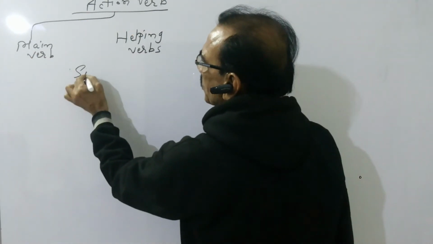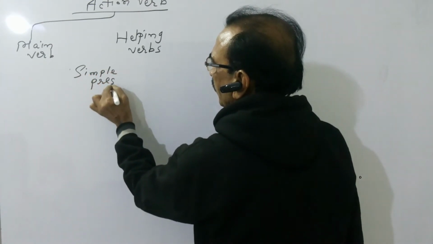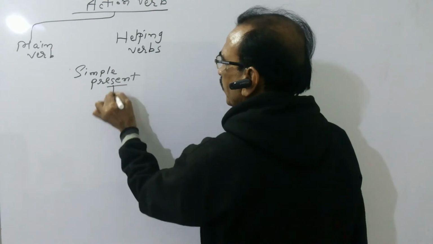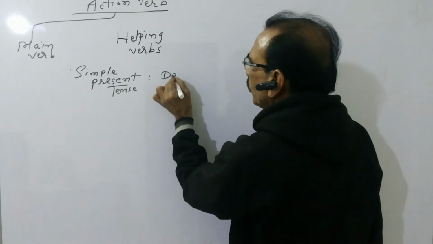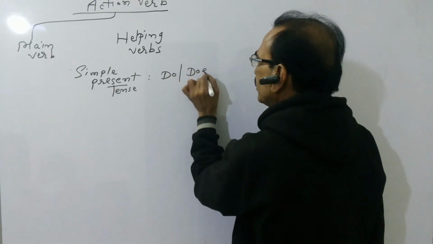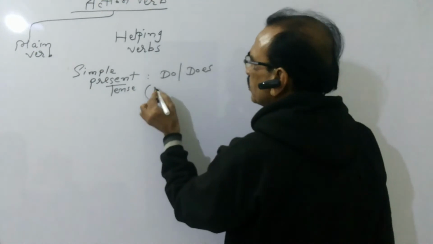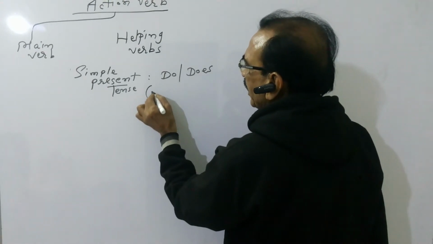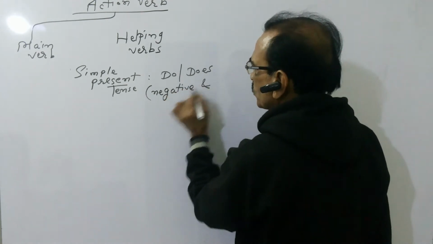In simple present tense we have to use the verb do or does as a helping verb. Do and does we have to use in negative and interrogative sentences.